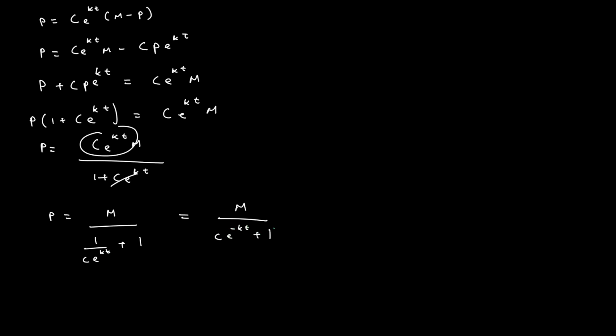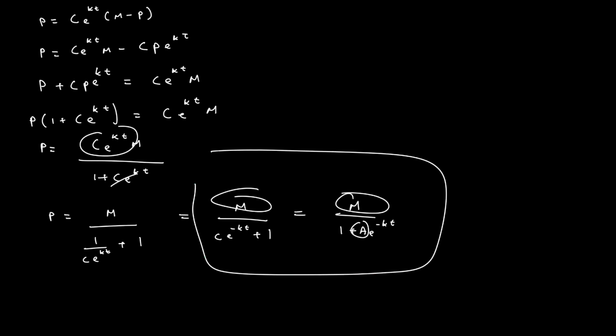And notice how this is the same thing as 1 plus 1 over a times e to the power of minus kt, since a is a constant and m is the same carrying capacity we started with.